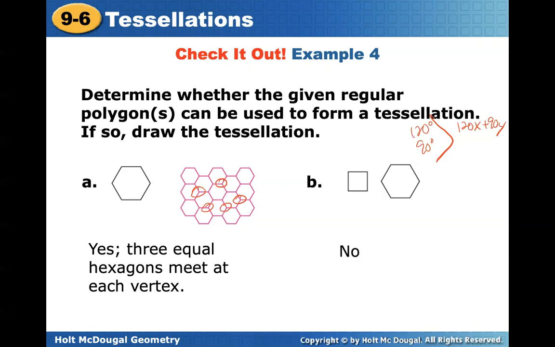And that's no. If we have a 120 and a 90, that's 210. If we have 2 120s and a 90, that's 330, sorry. If you have 3 120s, you can't have any 90s. If you have 1 120 and 2 90s, that's 300. 3 90s would be 390, and so on. So no, there's no combination that makes this available for a tessellation.